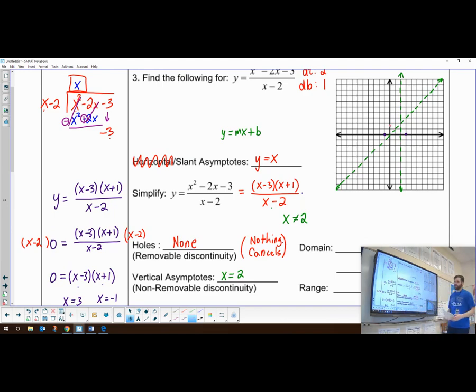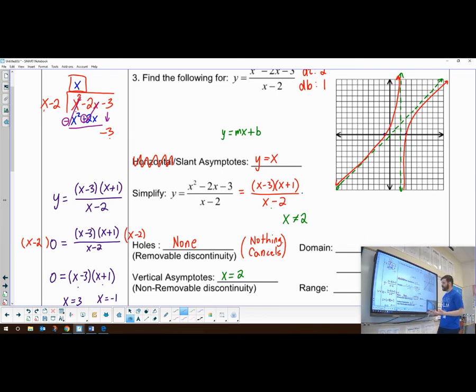So now we can see where my graph is going to go. It's going to be in this top left quadrant and then this bottom right one. So we can draw it hugging this asymptote, coming up, hugging this asymptote, like that. Okay? We can draw it here, hugging this one, and hugging that one. Now, this one is a bit trickier to talk about our domain and range.